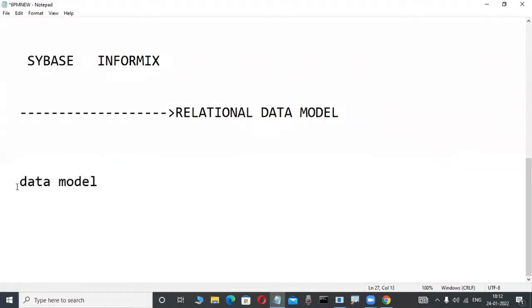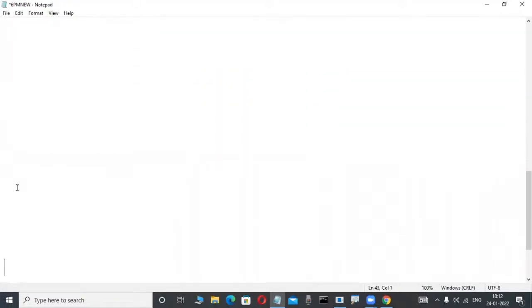Slowly observe it here. I am telling one thing. Suppose here Oracle is a product. This Oracle database, or any relational database, has two types of structures, as I told in the previous classes.